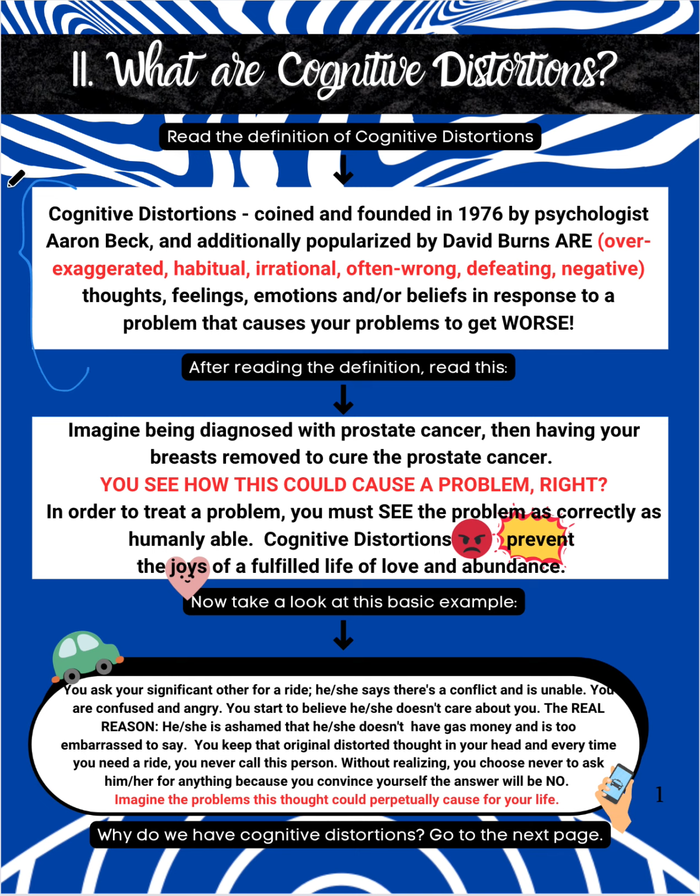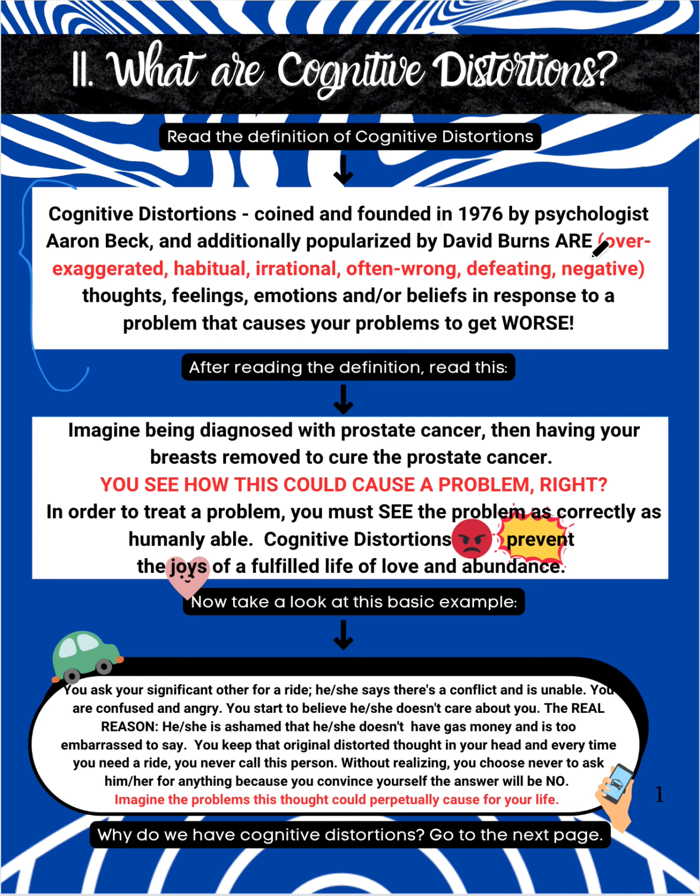All right, first, cognitive distortions is a term that was coined and founded in 1976 by psychologist Aaron Beck. And then David Burns additionally popularized this whole idea of cognitive distortions. Now, what are cognitive distortions?